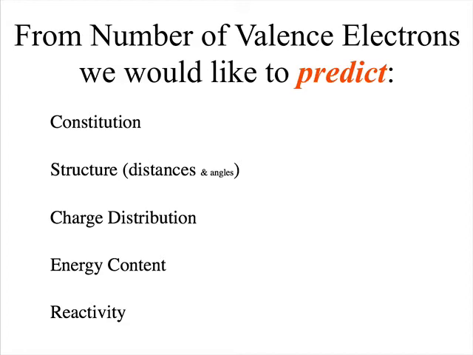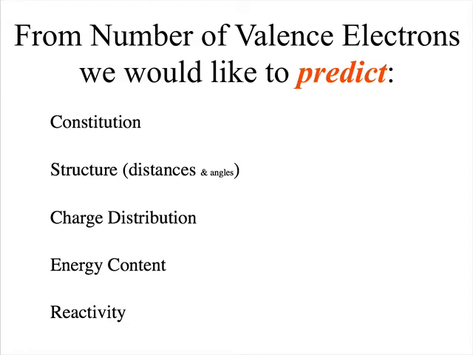When I say structure, I mean things like bond lengths, distances between atoms, angles of bonds, maybe rotation of bonds, how flexible or floppy or rigid a molecule is. Those are aspects of structure that, beyond constitution, would be nice to know about.